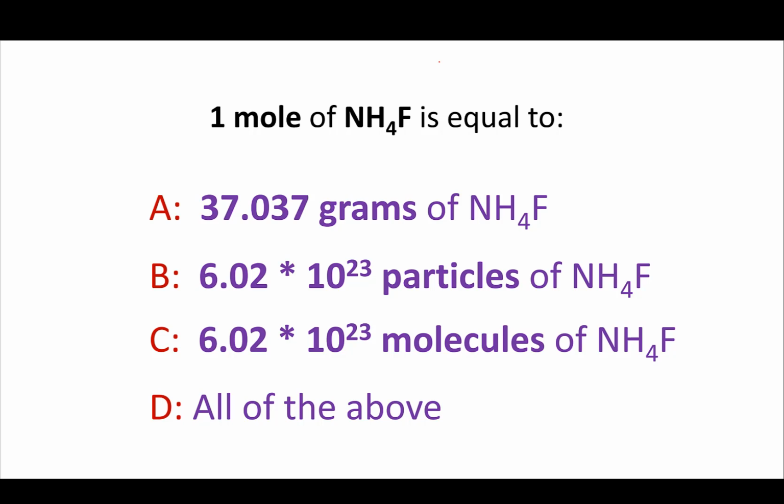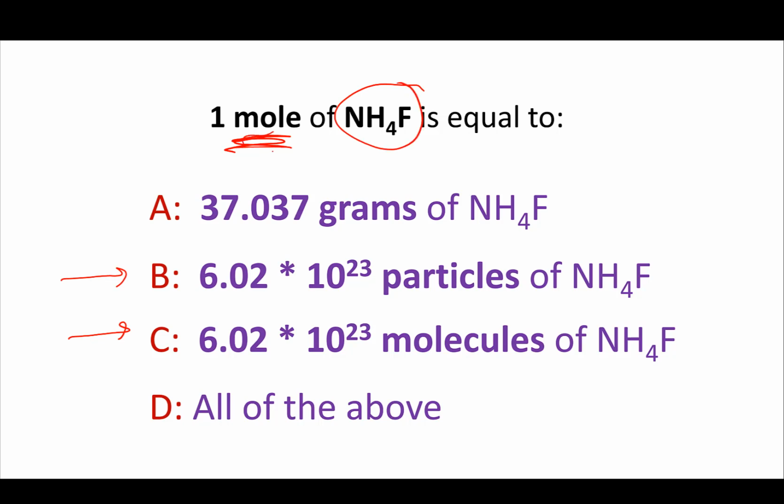1 mole of NH4F is equal to what? 37-ish grams, 6.02 times 10 to the 23rd particles, 6.02 times 10 to the 23rd molecules, or all the above. So while 1 mole technically is this number of something, so B and C are right because of the right number, 1 mole of this particular chemical actually has a specific weight.